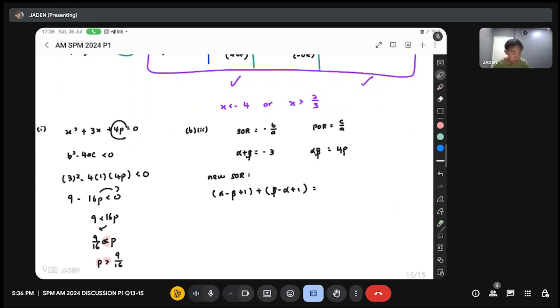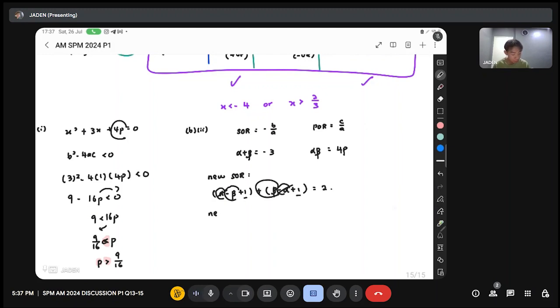So if you expand this, what do you get as a result? You see alpha minus alpha, no more, right? Negative beta, you plus beta, no more. What do you have left? 1 plus 1, you get 2. Okay, so the new SOR is 2, which is pretty simple and straightforward.